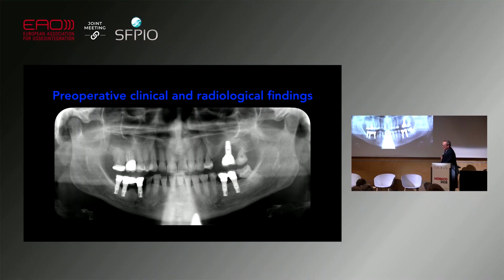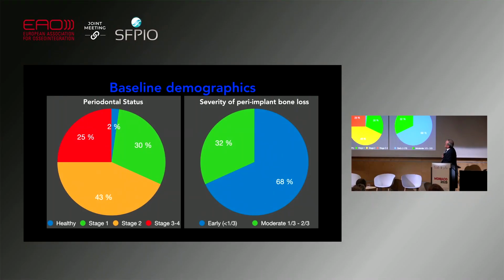This is a typical case. The patient is a peri-implantitis patient. Therefore, without follow-up, there is a high susceptibility that the patient will have peri-implantitis on the same sites. We treated in this protocol mostly periodontally susceptible patients, and as you can see, mostly stage 3, 4, and stage 2 were treated.